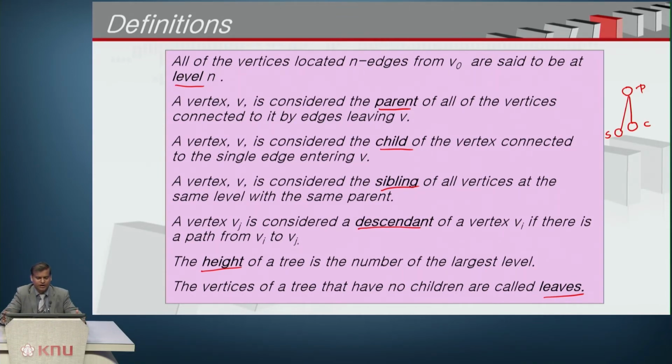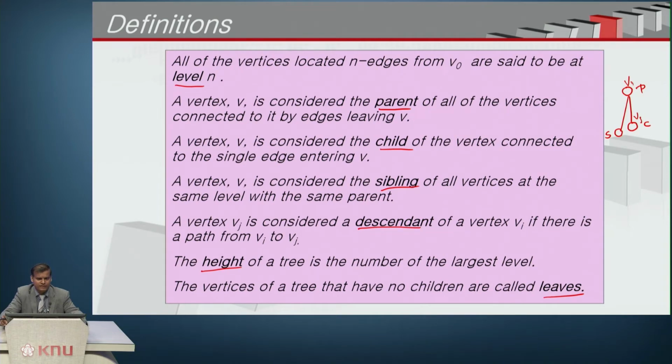So in this example, if you consider this as the vertex Vi, and this as Vj, then Vj is considered a descendant of Vi if there is a path. When you establish a path, we can consider this as a descendant.